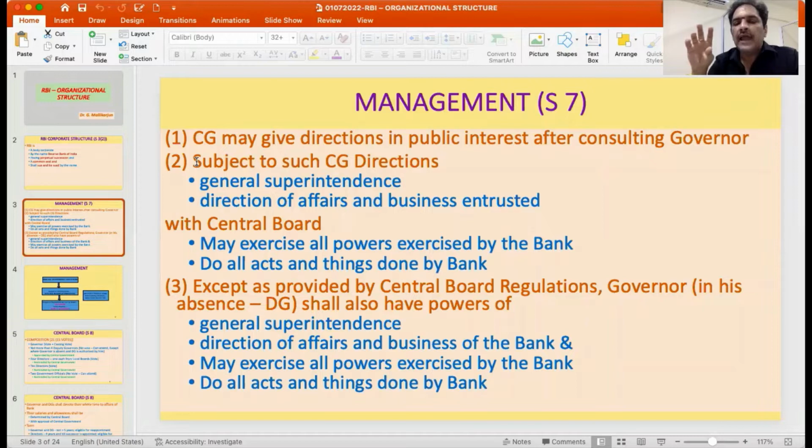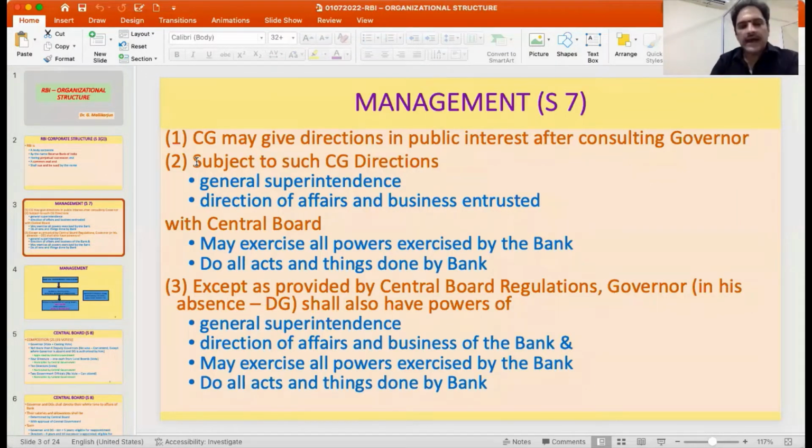The central board will come out with regulations, which are called central board regulations. Except as provided by central board regulations, the governor, and in his absence the deputy governor, shall have the powers of general superintendence and direction of the affairs of the business of the bank, and they may exercise all powers exercised by the bank and do all things and acts that are done by the bank.